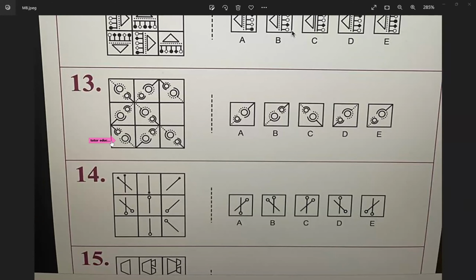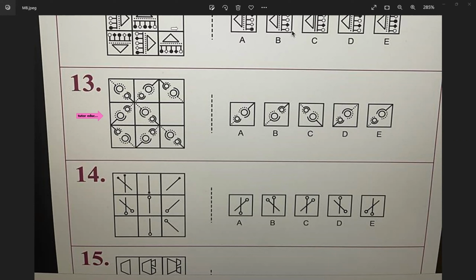What do you think it is? So that side should be pointing... Is it actually E?